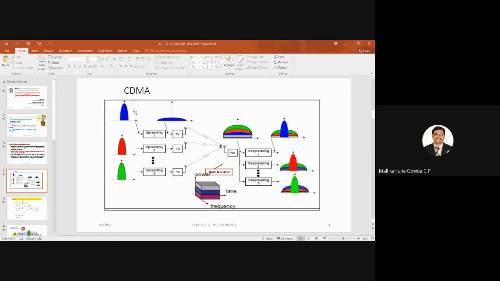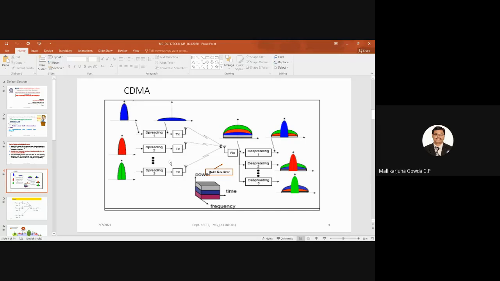For each user there is a pseudonoise code that is unique to each user, and it undergoes the spreading process. You can see that after spreading, the bandwidth of the spread signal has been widened. Then the modulation is done, then it is transmitted over the air. Like that, multiple users can transmit their information simultaneously.